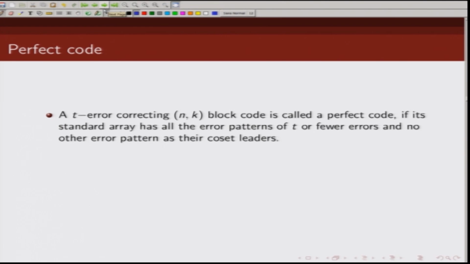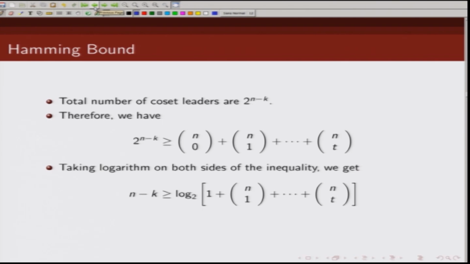Now, when is our Hamming bound satisfied with equality? Our Hamming bound will be satisfied with equality when all error patterns of weight up to T are coset leaders and no other error pattern is a coset leader.